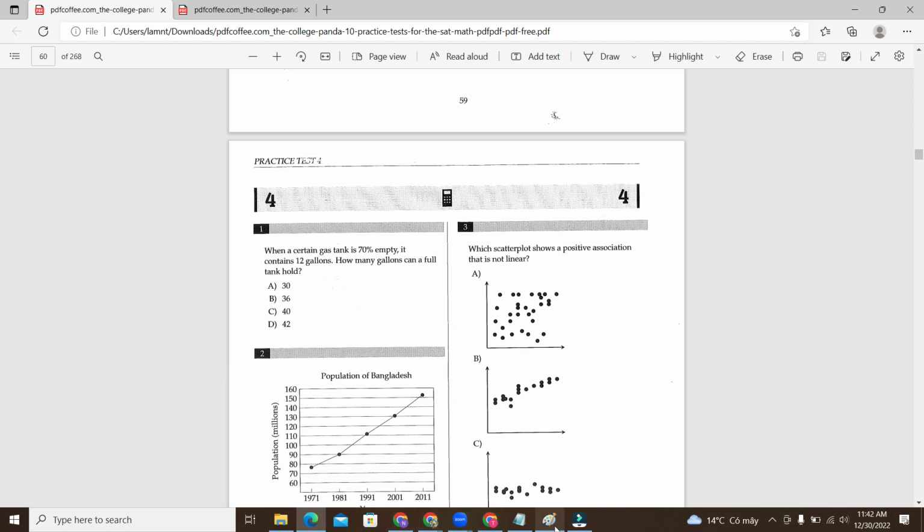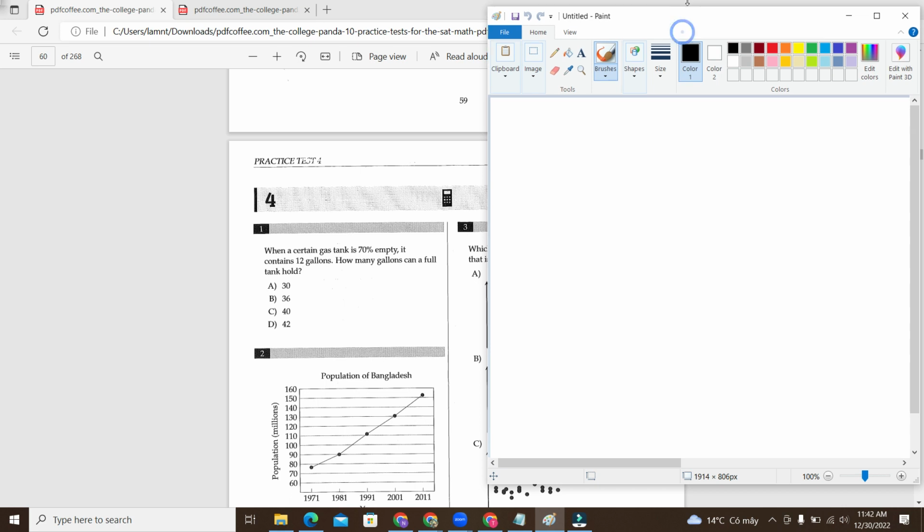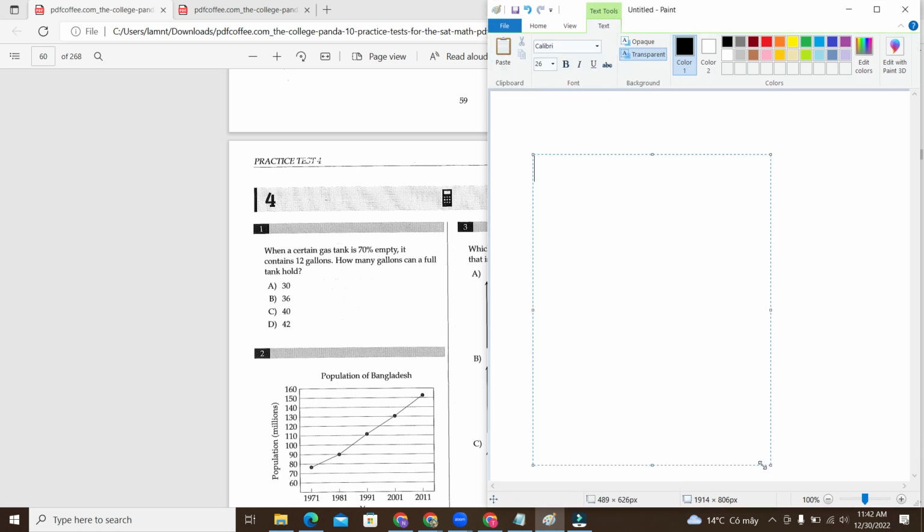Okay, so a tank is 70% empty, which means that it is 30% full, right? So in short, 12 gallons corresponds to 30%, because 70% empty is 30% full.